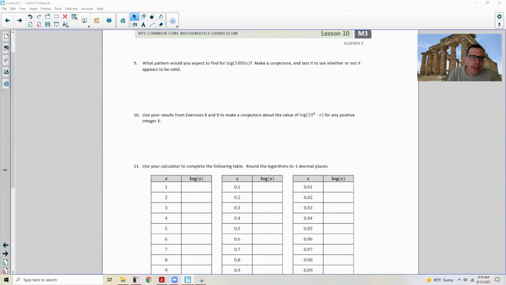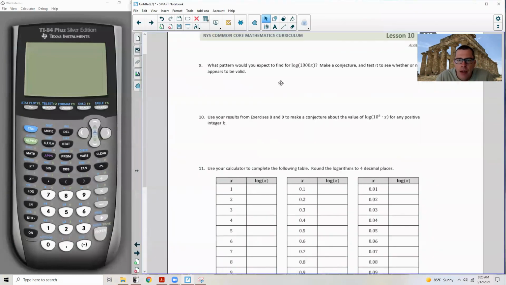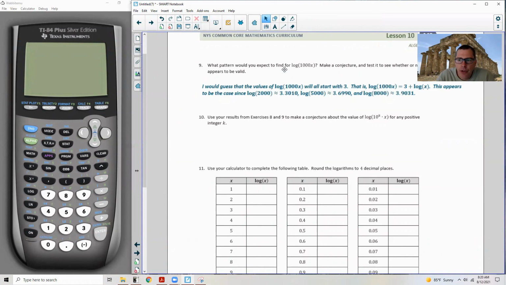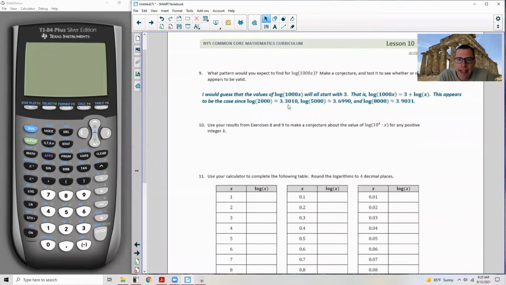All right, page 4 brings us to number 9, and it says, what pattern would you expect to find for the log of 1000x? Make a conjecture and test it to see whether or not it appears to be valid. All right, so here we go. It would appear that the values of log of 1000x will start with a 3 because there are 3 zeros in 1000.